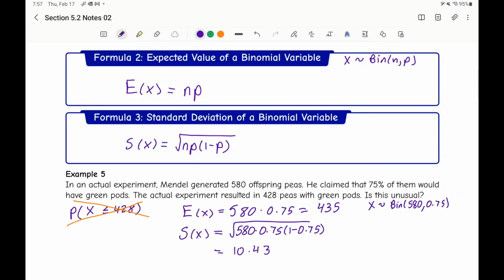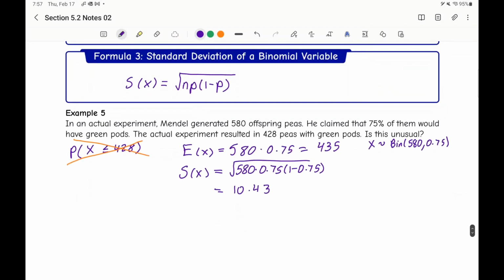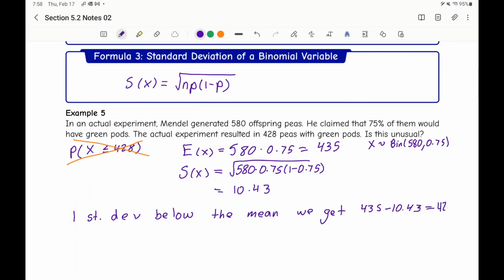So definitely, if I go one standard deviation below the mean, we get 435 minus 10.43, which is 424.57. So that definitely includes the 428.